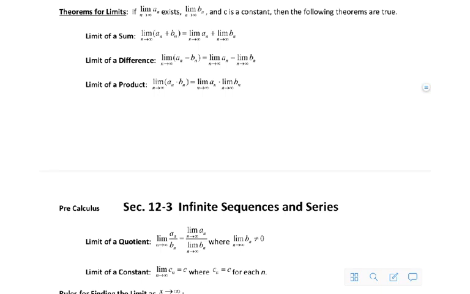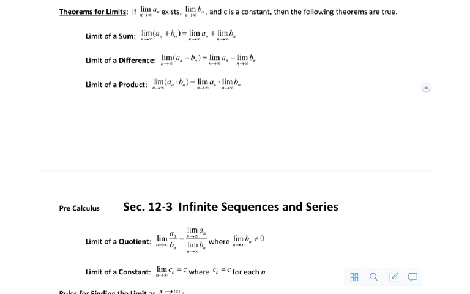I'm going to show you these theorems for limits. However, they come back into play later in the semester or in a calculus course. You'll learn about limits. There are these properties of limits that say that if you have the limit of a sum of two expressions, you can separate it and find the limit of each expression and then add them together. A limit of a difference, you can find the limit of each expression and then subtract those answers.